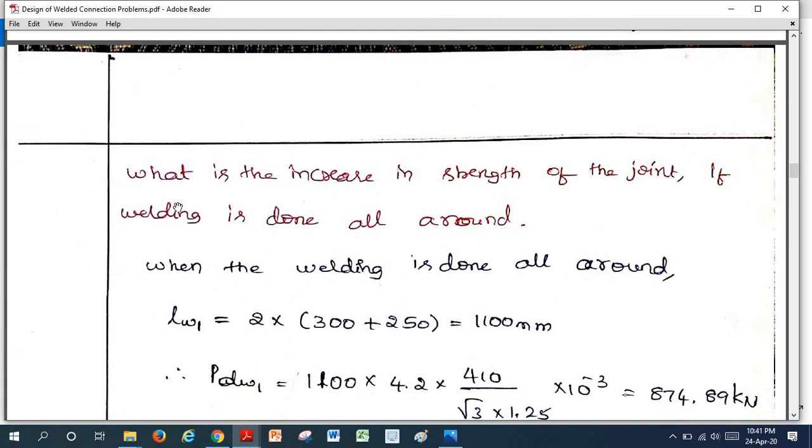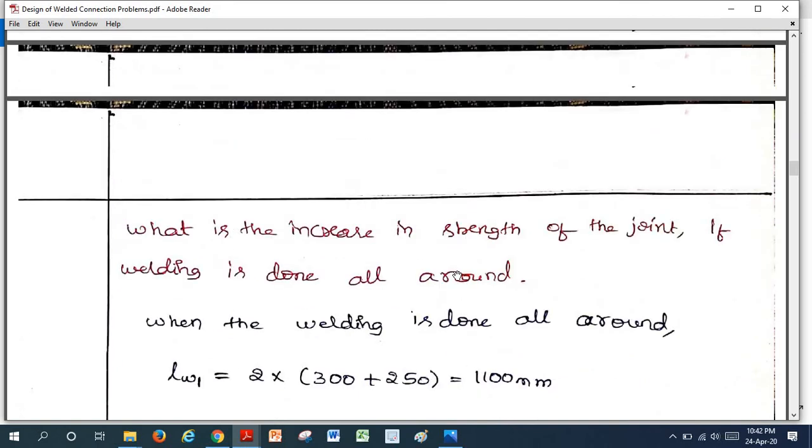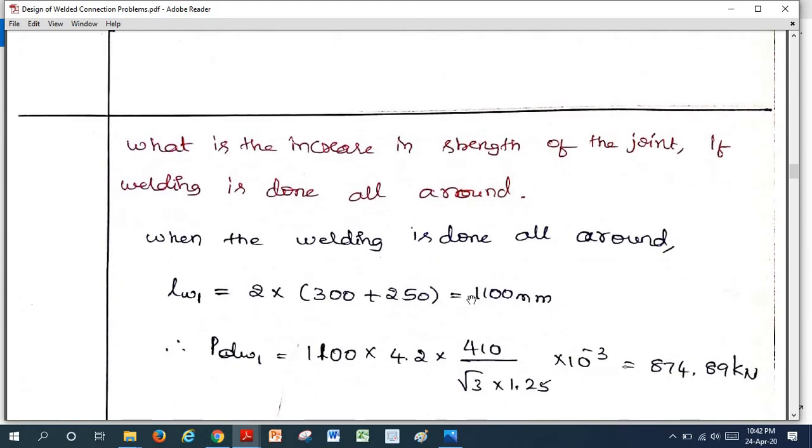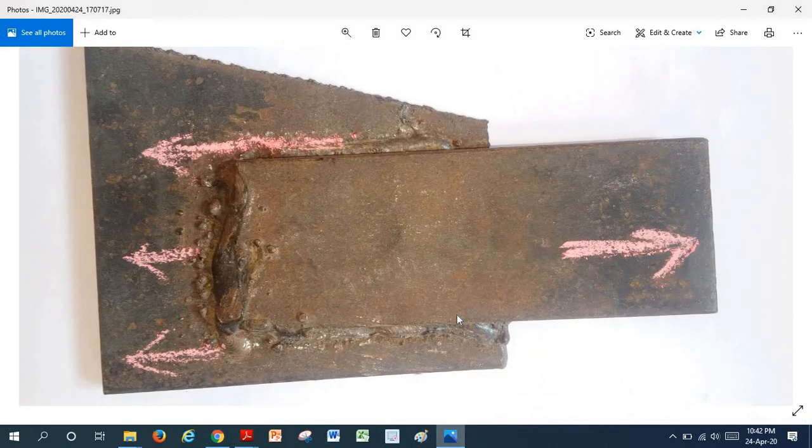So they are asking again in the second case, what is the increase in strength of the joint if the welding is done all around? That means if you weld here also, at the bottom, below this plate, how much side are you going to get?